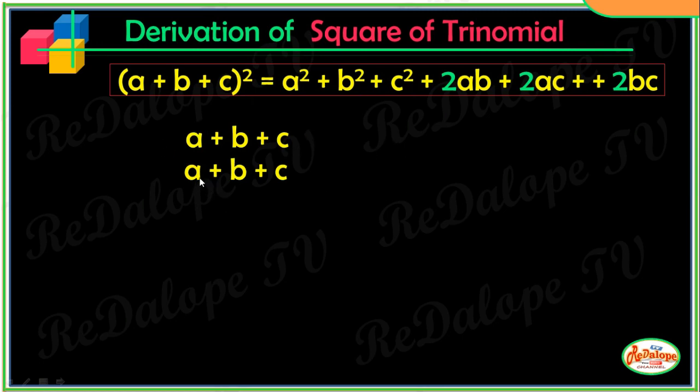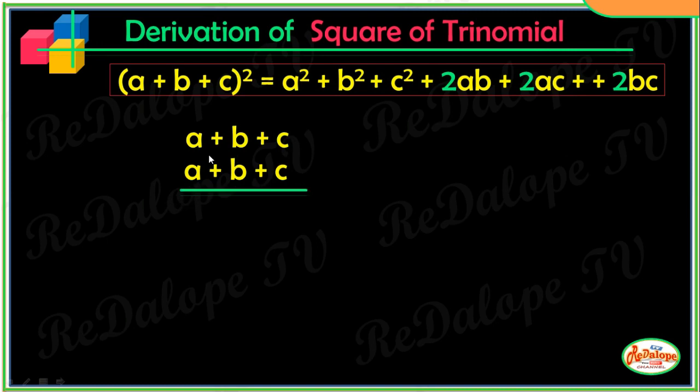We will multiply the first term of the second polynomial by each term of the first polynomial. Then the second term of the second polynomial will be multiplied by each term of the first polynomial, and the third term of the second polynomial is to be multiplied by each term of the first polynomial.